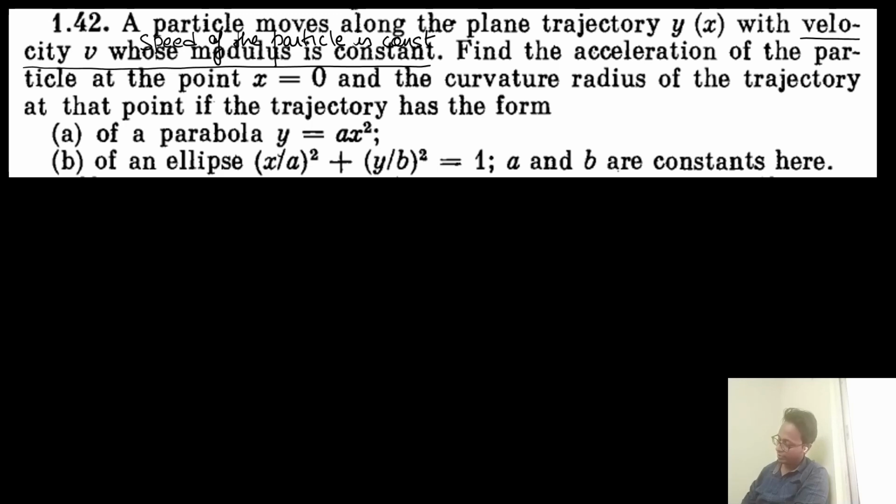This entire sentence means speed of the particle is constant. Find the acceleration of the particle at point x is equal to 0 and the curvature of the trajectory at the point. The trajectory has the form y is equal to ax square and ellipse x by a square plus y by b square is equal to 1.